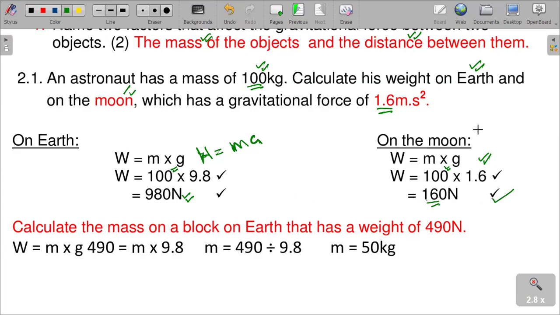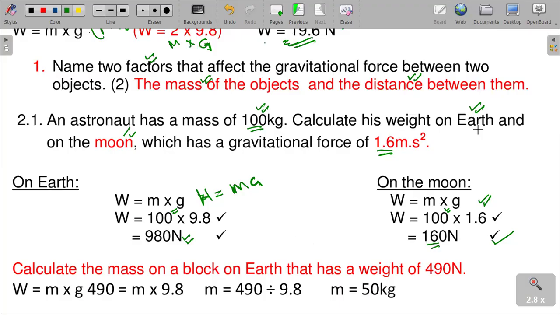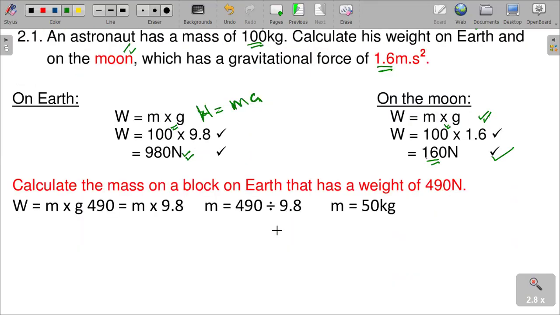So before we go anywhere, the factors that affect gravitational force between two objects are the mass of the objects and the distance between them. And for the weight on Earth and the weight on the Moon, you can see that on Earth we have 980 newtons, and on the Moon it is 160 newtons, as we have calculated there.